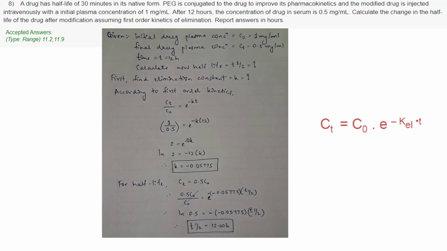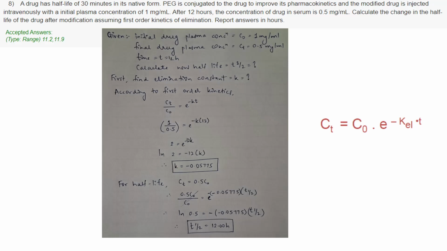Yeah, so this question essentially tells us that, let's say you had a drug and you gave it, and its half-life is 30 minutes. It means it's going to be eliminated from the body very quickly. Compared to that, if you want the same drug to last longer in the body, because instead of taking it, say, every morning and evening, you want your patients to take it only once in 2 days, then you can conjugate your drug with PEG, which is one of the polymers, polyethylene glycol.